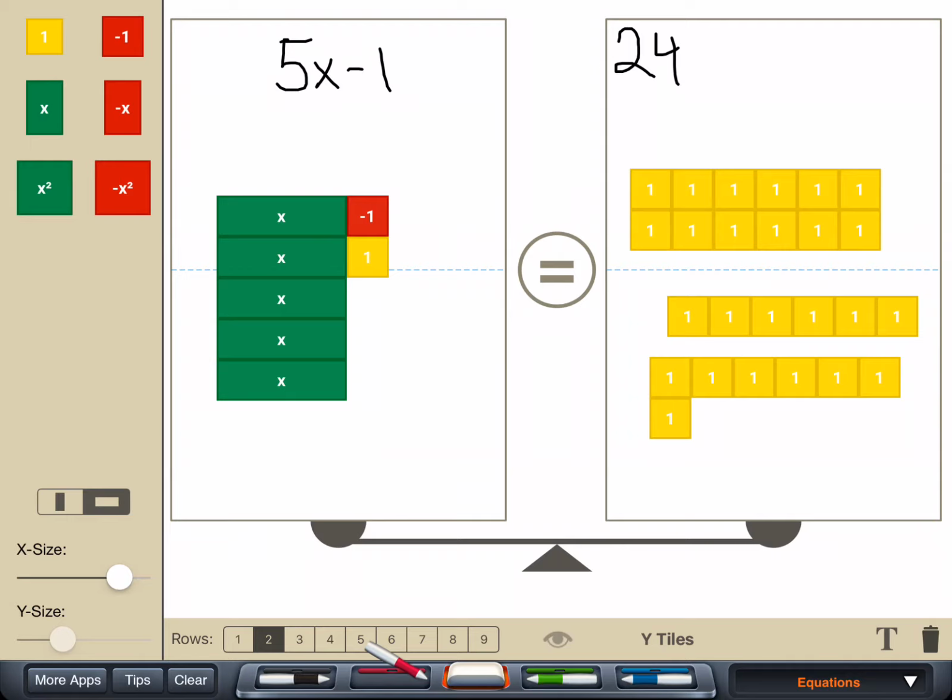So what I've just done there is I've added 1 to the left side and 1 to the right side. The zero pair removal cancels out these and leaves me with 5x over here, but 25 here.